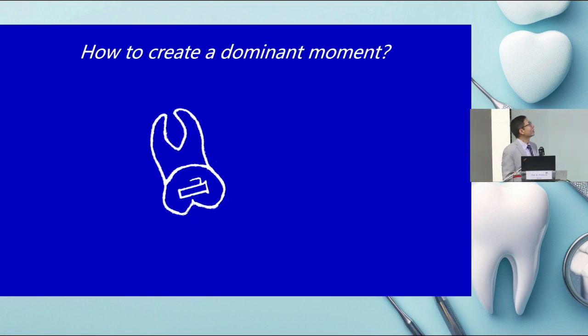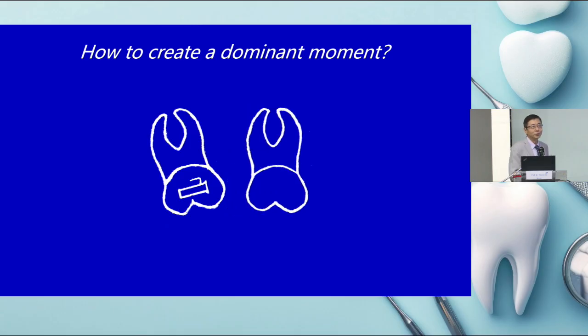Now, how do we create a dominant moment? If the molar is tipped forward like this, the dominant moment is on the molar. But usually the molar is positioned like this, even tipped back a little bit. Then if we want the dominant moment on the molar, we have to tilt the tube like this.